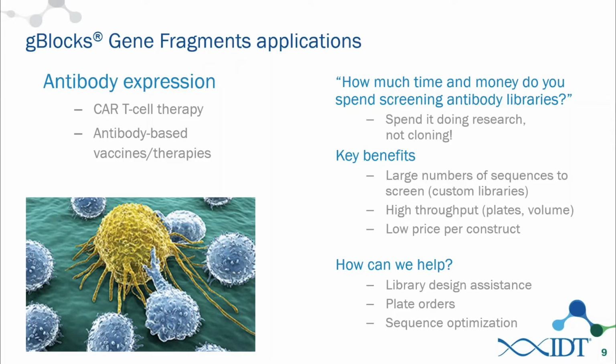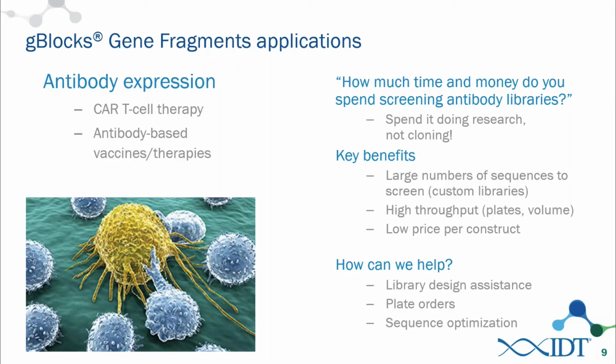Okay. One of the applications that gBlocks has been used for a long time is the creation of variable domains in antibodies. Our original gBlocks, as I mentioned, had a 500 base limit, and that fell really nicely into the light and heavy chain variable regions for antibodies. So we had a lot of large orders early on, and we continue to this day to have a lot of large orders for these variable domains. gBlocks are a great option when you're designing these types of variable regions.